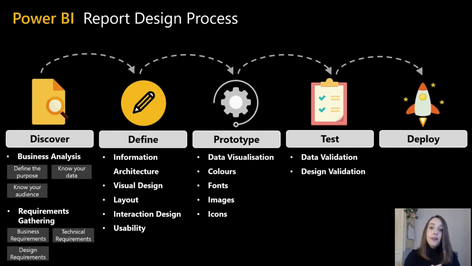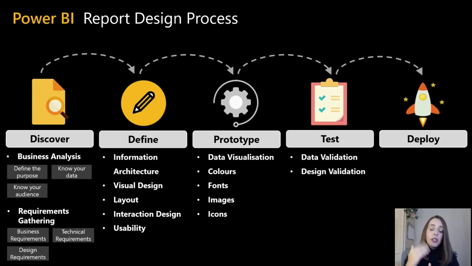This is my view on the report design lifecycle or process. I usually go through 5 different stages. You have discover, define, prototype, test, and deploy. In terms of design, some of the stages are more important than others, but we will get to that later in the later slides.